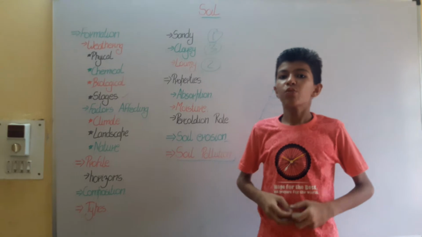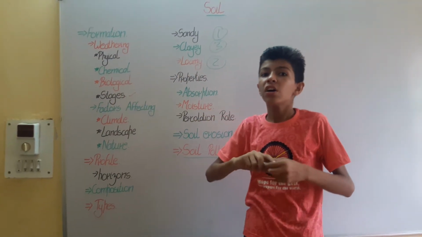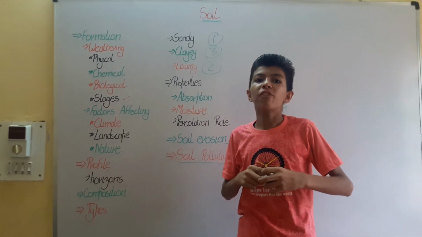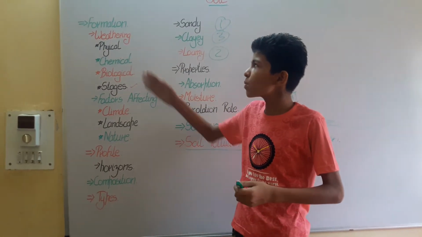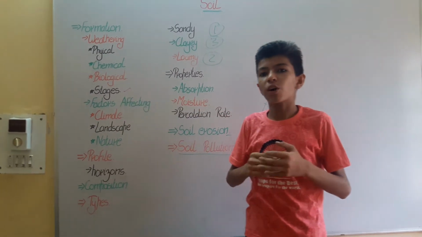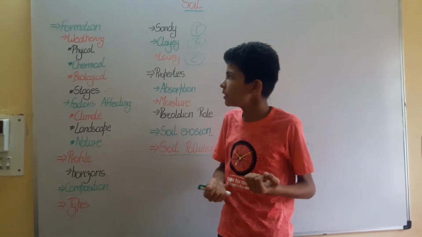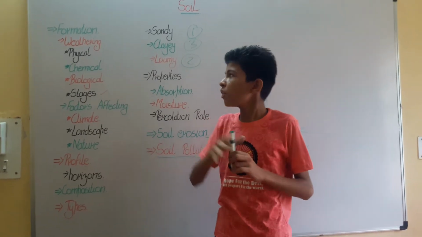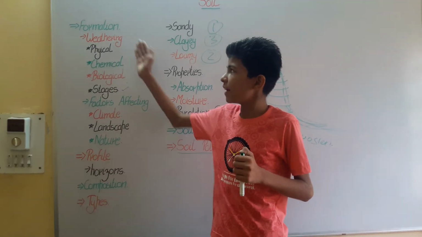So let's summarize what we have learned today. We learned about the formation of soil, how soils have been formed over the last few thousand years. This is because of weathering. Weathering is a process by which rocks break into fragments. There are three types of weathering: physical, chemical, and biological weathering.